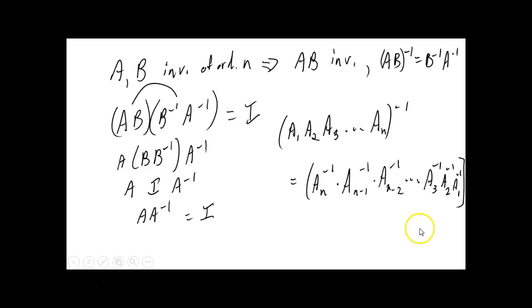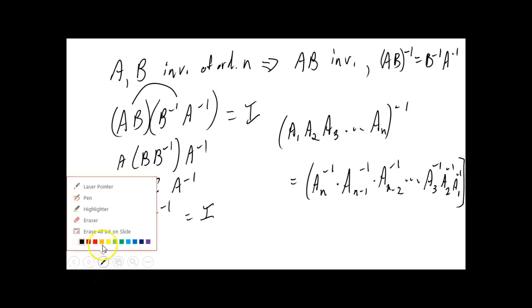Let's do example 7. Let's erase all this ink. Find (AB) inverse for these matrices.